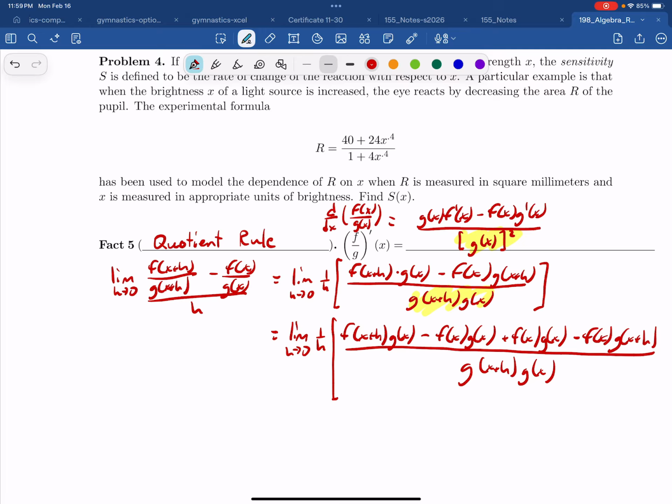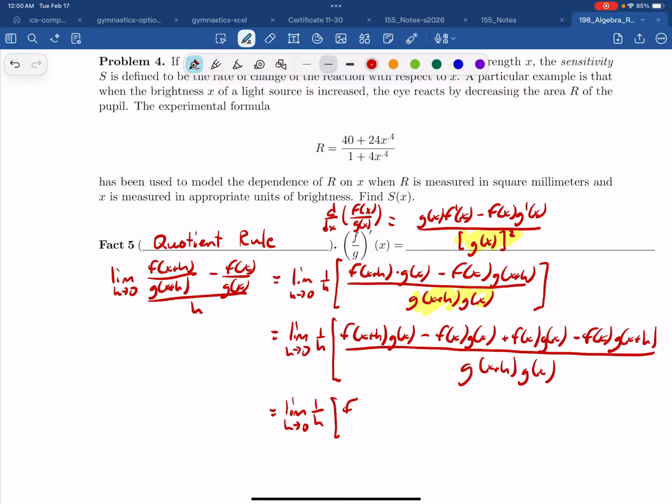So anyway, let's keep it going. Limit as h approaches 0. And we might have to start to separate some things right here. Notice that we're going to split the fraction, and we can factor out a g of x.